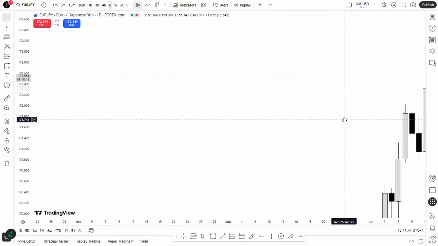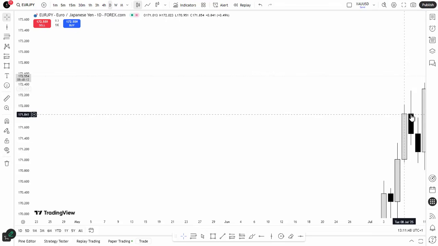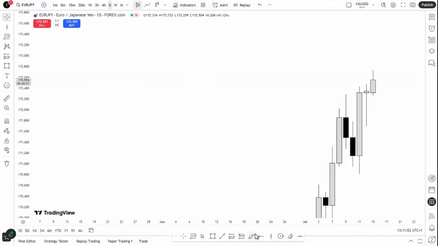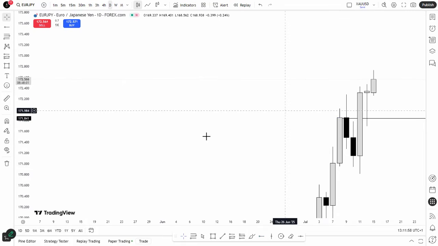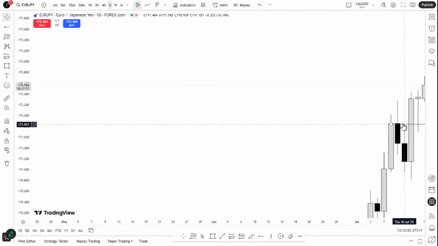At this point, when we had price here, you could put a line here. Normally, I would have been expecting price to tap this line to give us a break of structure downwards, but it didn't. It broke above this level here.